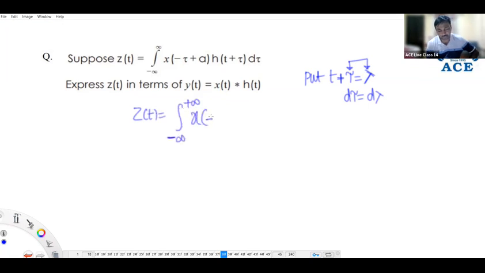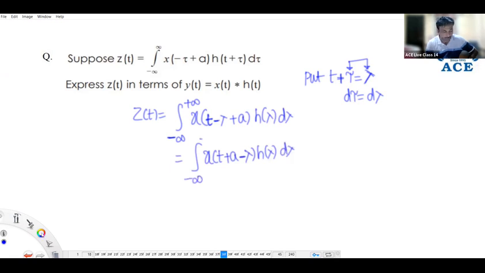So instead of minus tau, what do I have to write? If I take tau to this side, instead of minus tau, I should write t minus lambda plus a, h of lambda d lambda. So that becomes the integral of x of t plus a minus lambda, h of lambda. In the place of t, what did you get? t plus a. So the answer is y of t plus a by definition.